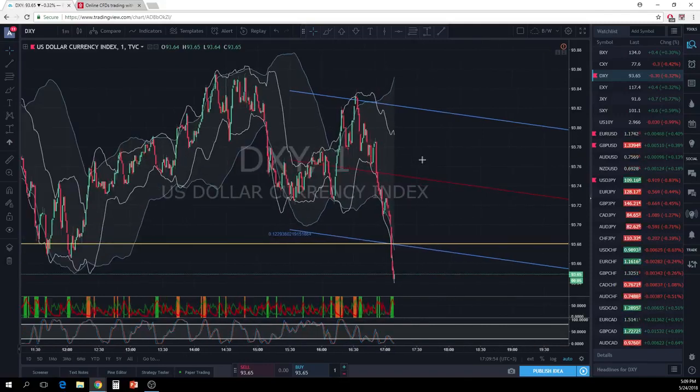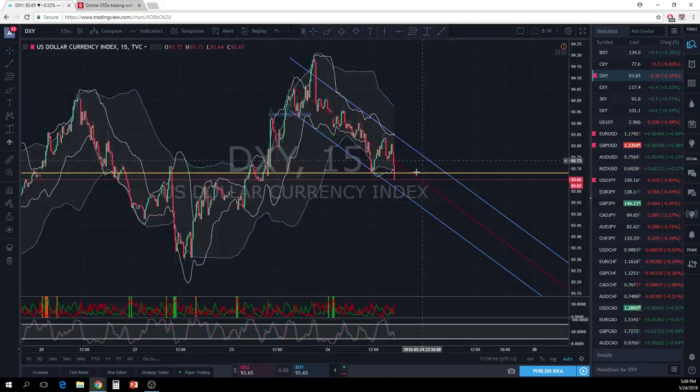Let's see. It came twice to this level right here. You can see, so 1, 2, and 3, or actually 4 times already.